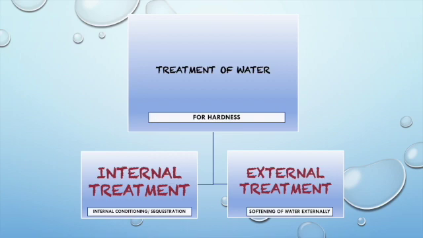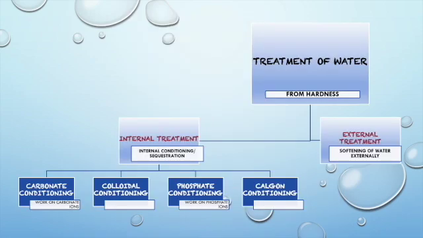As far as the internal treatment of water is concerned, it is of different types. First is carbonate conditioning, wherein we create a condition for the carbonate ions. Then it is colloidal conditioning, wherein we remove the hardness causing salts with the help of some organic substances. Third is phosphate conditioning.